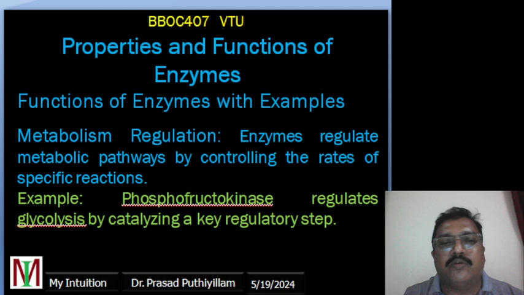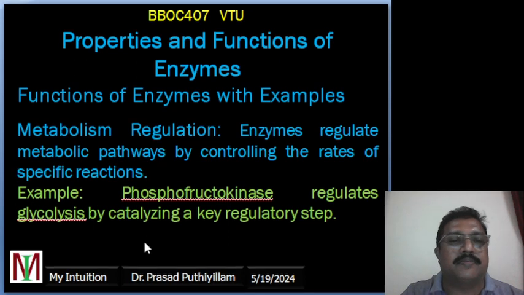It's not simply that glucose is available, so break it down and release energy. It needs some control so that the breakdown of glucose takes place at the right time and in the right amount to get the required energy. That is done by phosphofructokinase, which is one of the metabolism regulation enzymes.